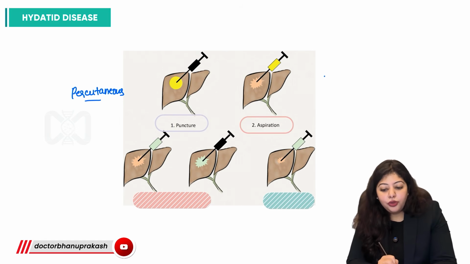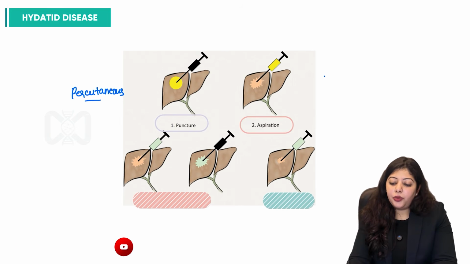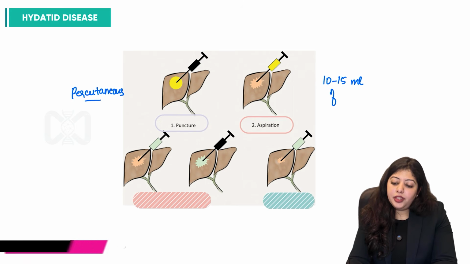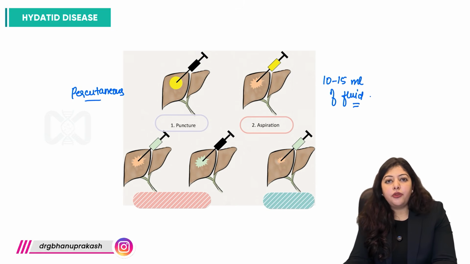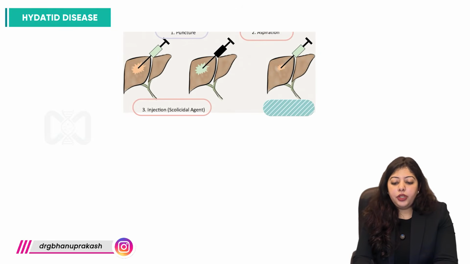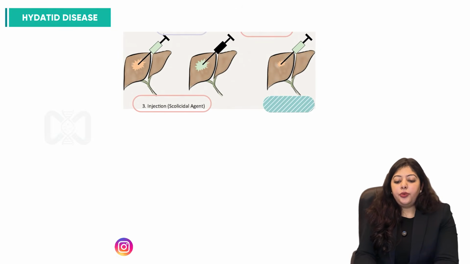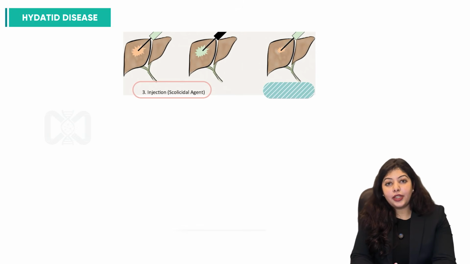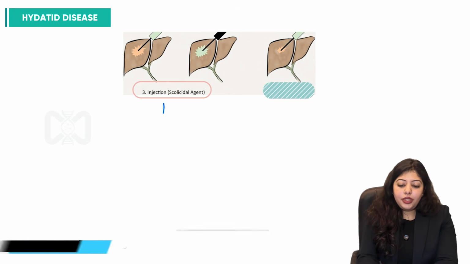Then what we are going to do, we are going to aspirate around 10 to 15 ml of this particular fluid. And in the next step, what are we going to do? We are going to inject certain scolicidal agents. What are these scolicidal agents?